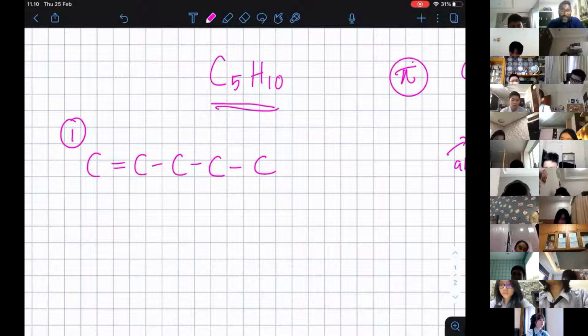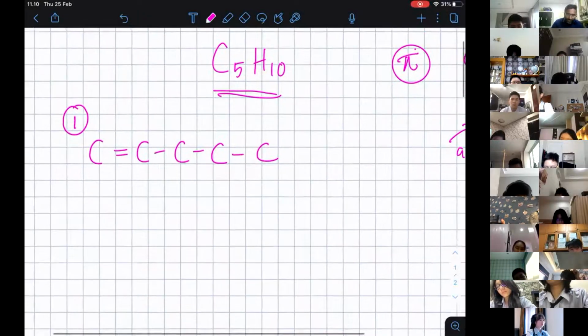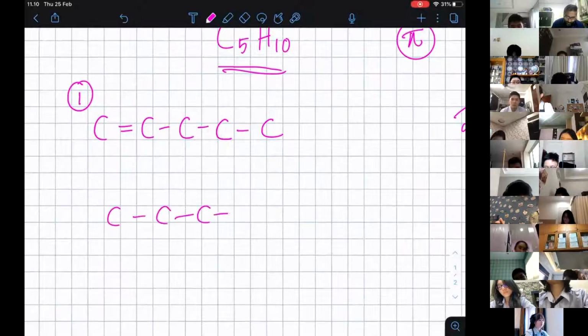This is what we have learned just now. So using this, let's explore everything. We have functional group isomer, but now we don't want to touch that. Under structural isomer, we have positional isomer. So let's look at positional isomer. You have the same thing, and you move the double bond over here.